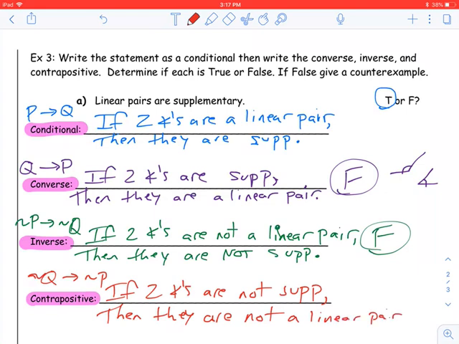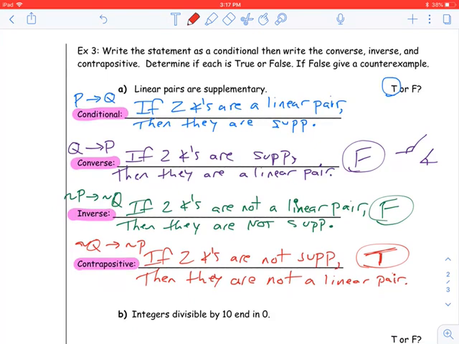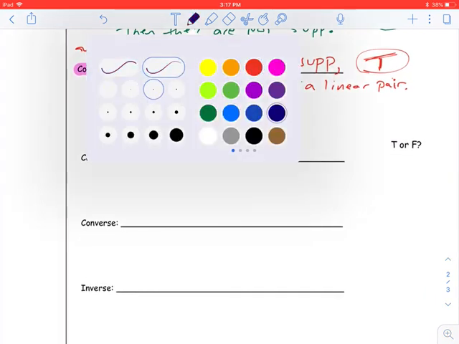Okay, so if you think about that, to be a linear pair, you have to be supplementary. So if it's not supplementary, it automatically cannot be a linear pair, so that would be true.